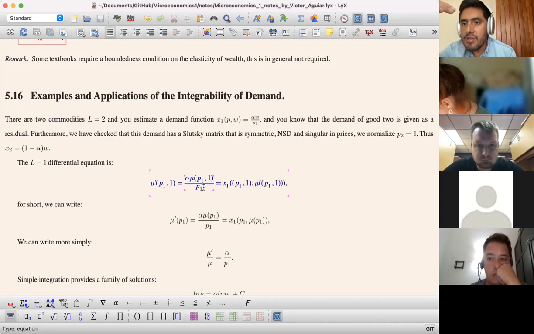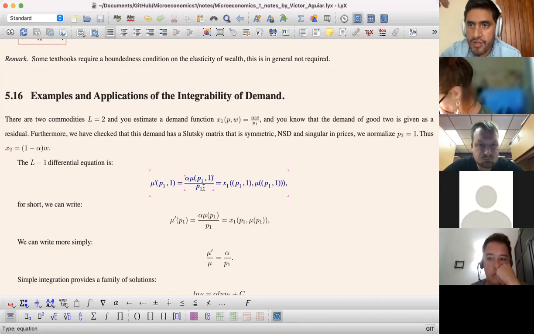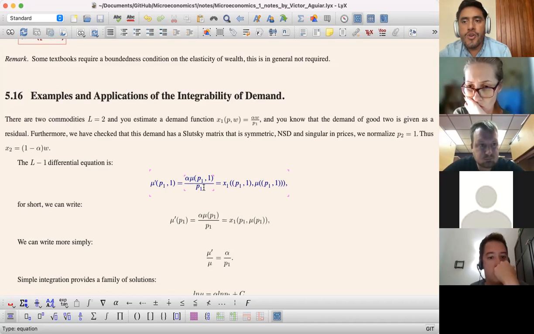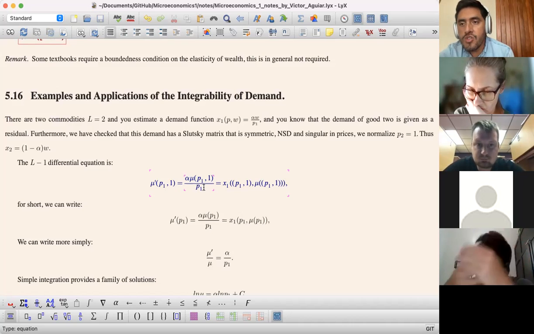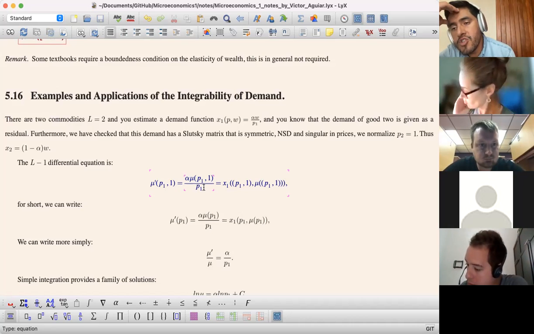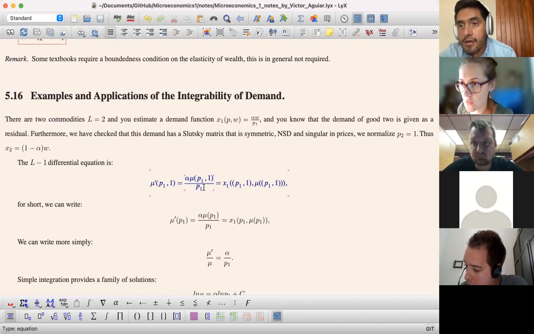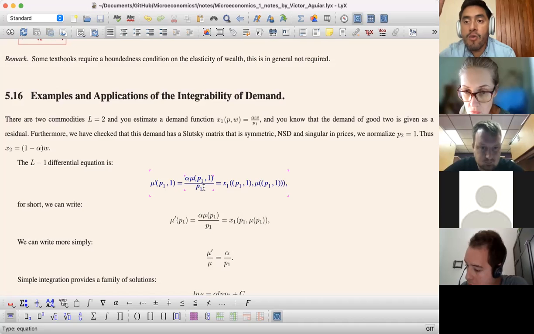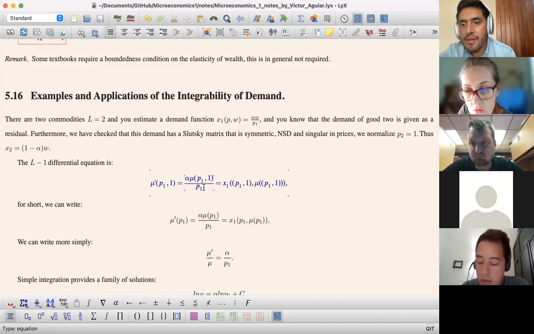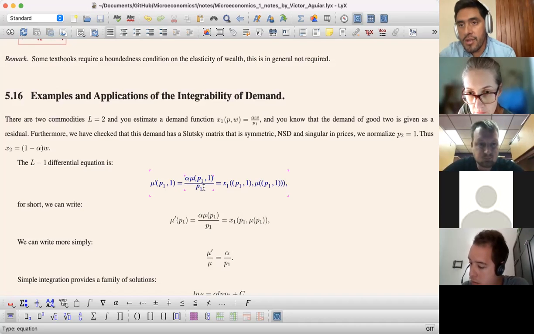As you can imagine, this obviously relates to Roy's identity, but in particular, it actually relates to something we saw before, which is Shephard's lemma. Who remembers Shephard's lemma? Shephard's lemma was telling me that if I take the partial derivative with respect to prices of expenditure, I get back what? The Hicksian, right? Do you remember that? So this is essentially doing that.